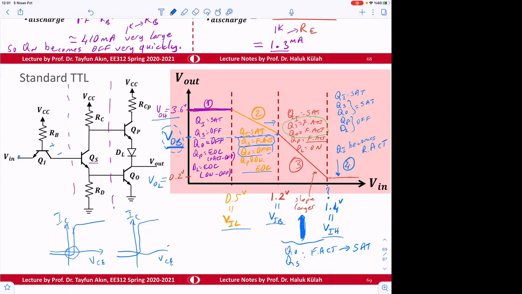But here the only difference is QS is forward active and QO becomes forward active also. So that's the transition point.